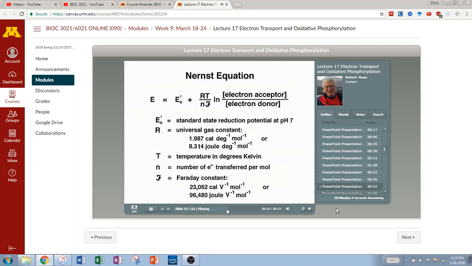Take note that this is a biologist's formulation of the Nernst equation with the hydrogen ion concentration set at pH 7 to reflect the normal condition that prevails in living cells. The Nernst equation tells us that the reduction potential for any reaction is equal to the standard state reduction potential plus RT over nF natural log of the electron acceptor over the electron donor.